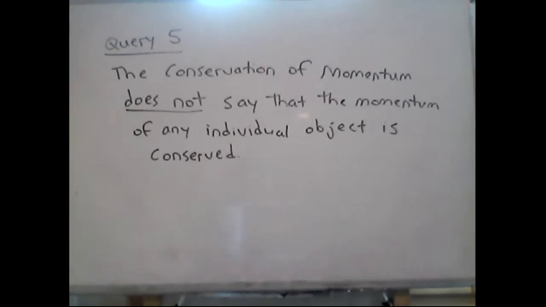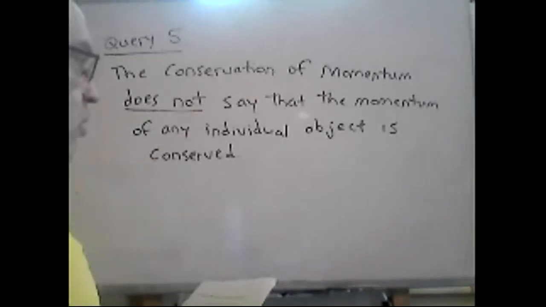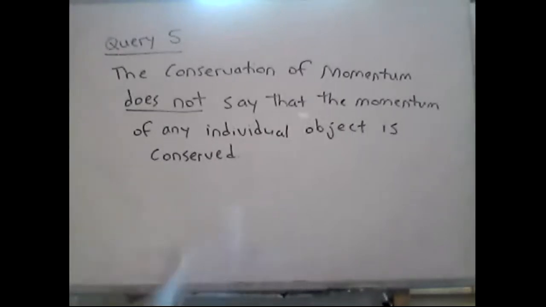All right, now we go to the queries. What do we mean to say that momentum is conserved? Again, I've gone over a lot of stuff here with you, so I'm going to let you answer that question. What does it mean? Well, I'll tell you what it means.